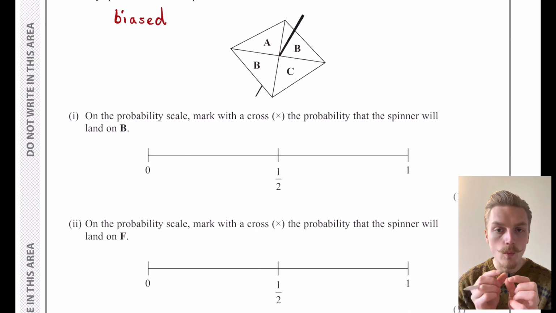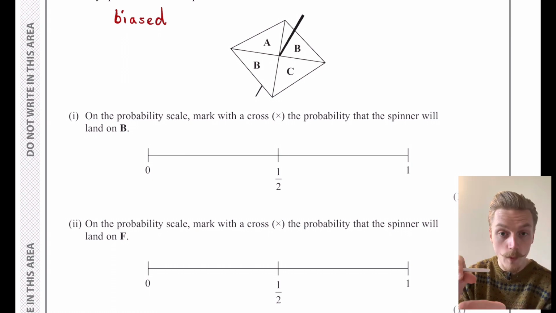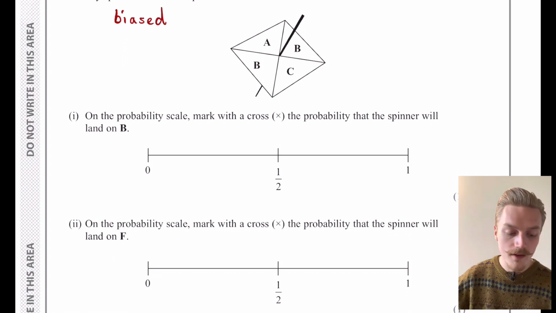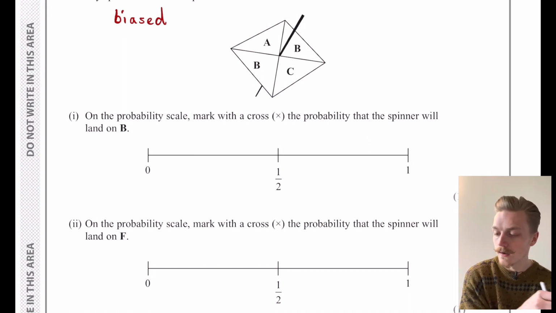So an example is like a weighted die. So you can get dice that are weighted on one side. They're used to cheat, I guess, craps and things like that. So if you roll it, it's got more chance of getting, let's say, a 6 than any other number because it's got the weight in there to kind of drag it down.